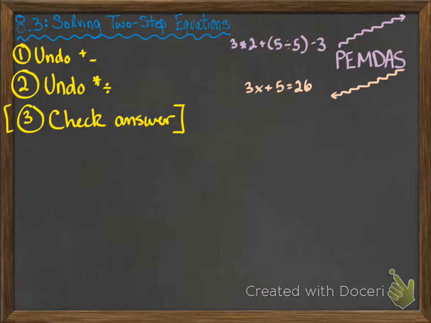Because if you solve this, you'll get subtract 5 from both sides, 3x equals 21, and then we divide by 3 on both sides, x equals 7. So we deconstructed PEMDAS in order to find the value of the variable.